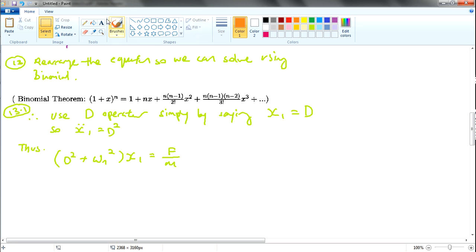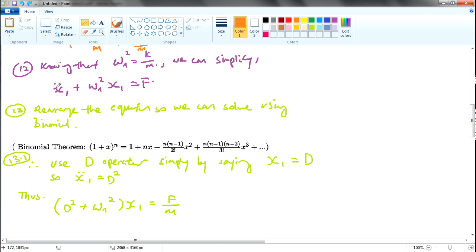You can take this as x D⁰, and if it's D¹, then it'll be like x1. You get approximately the feel of it, and then you sub this in as D². So you are just getting D² plus omega n squared x1.